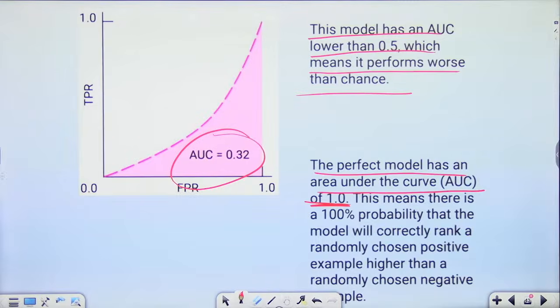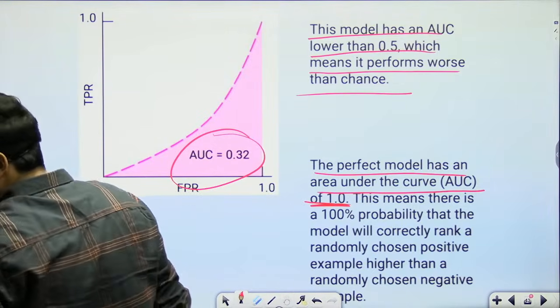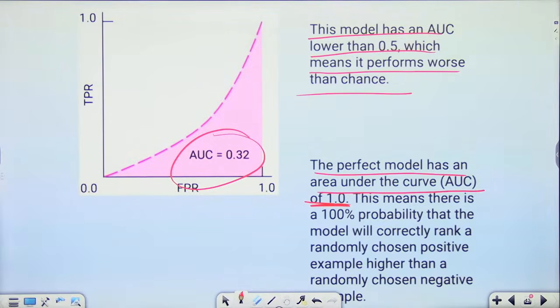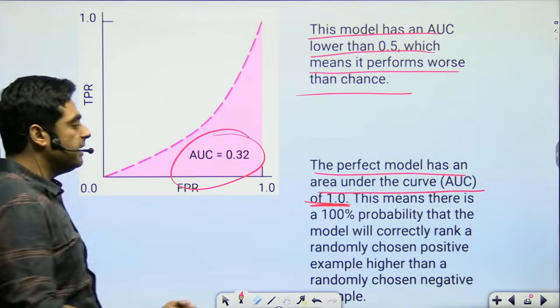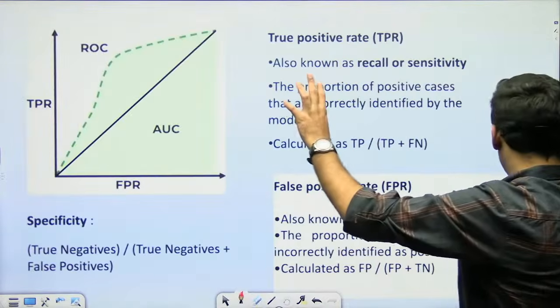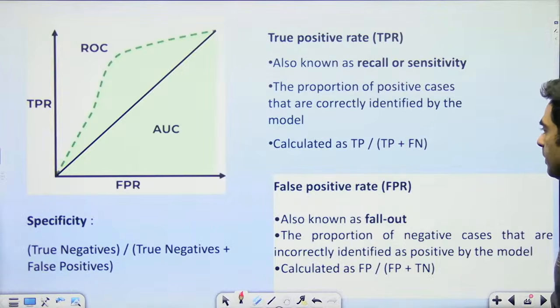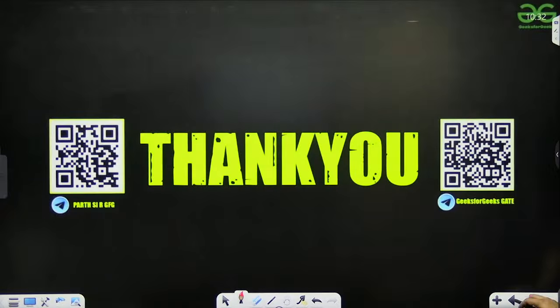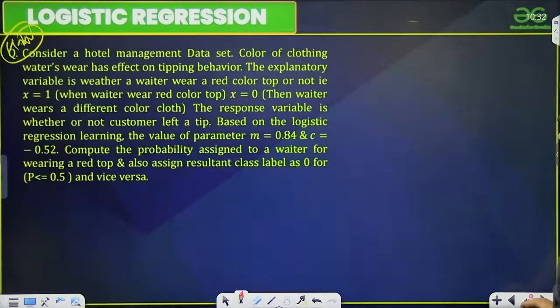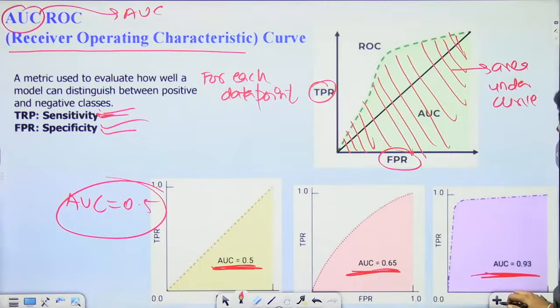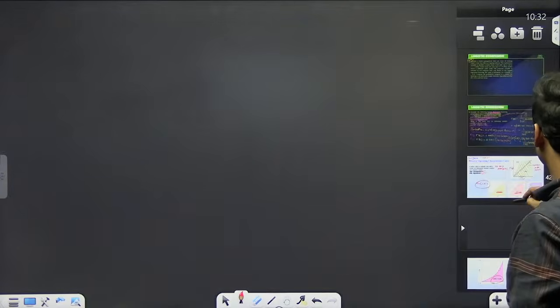Okay, now next is the log likelihood function. It is important in case of logistic regression. I'll just write it here.